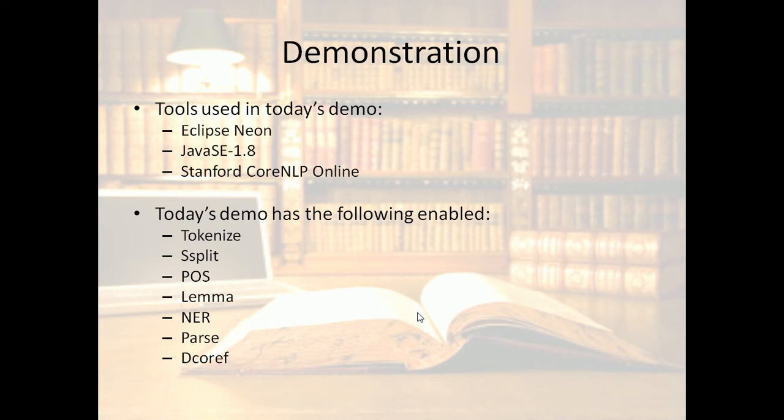In today's demo code, there are different properties that you can enable and disable for using Stanford CoreNLP, and today I have enabled tokenize, split, POS, lemma, NER, parse, and dcoref, as we went over in the previous slides.